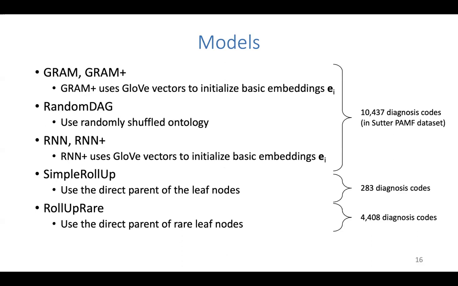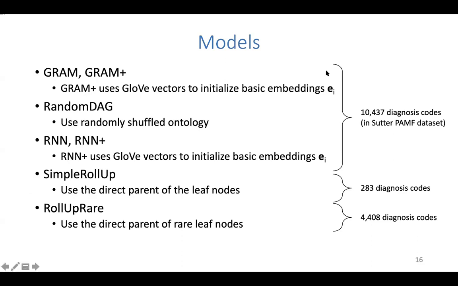It's just random, just garbage knowledge. Simple rollup and rollup rare are more or less just heuristic driven. You can think of this as rolling up 5-digit ICD9 codes to 3-digit ICD9 codes, and rollup rare is a bit more fine-tuned version of that. We just roll up relatively rare codes only to their parent code.